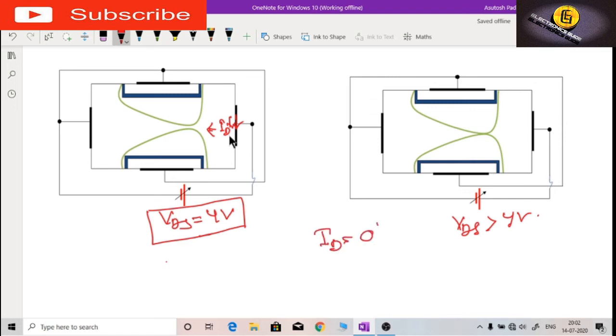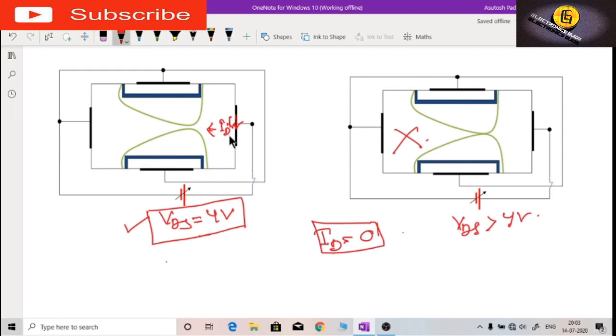Will it happen? The answer is no. This won't happen. When we increase the VDS value further, the channel width is going to remain constant, which makes ID current constant. That means when we increase the VDS value from 4 volt, the ID current remains constant. That means ID value saturates.